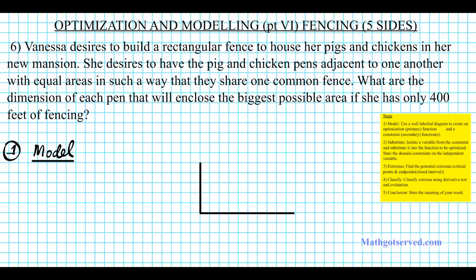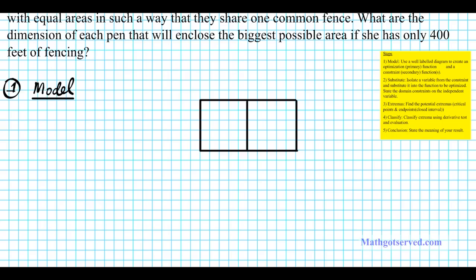A little bit smaller. And the rectangular fence is split into 2 equal halves. So something like this. So this is the rectangular fence. So let's say this is for the chickens and the other is for the pigs.